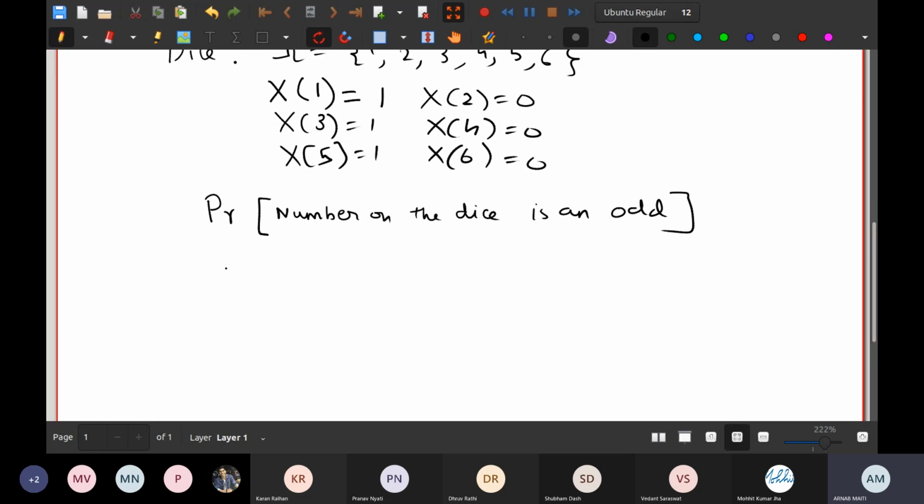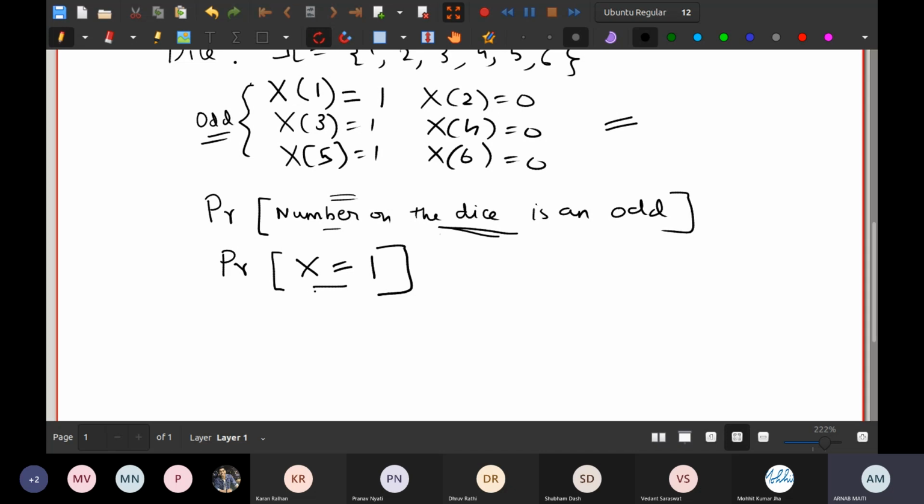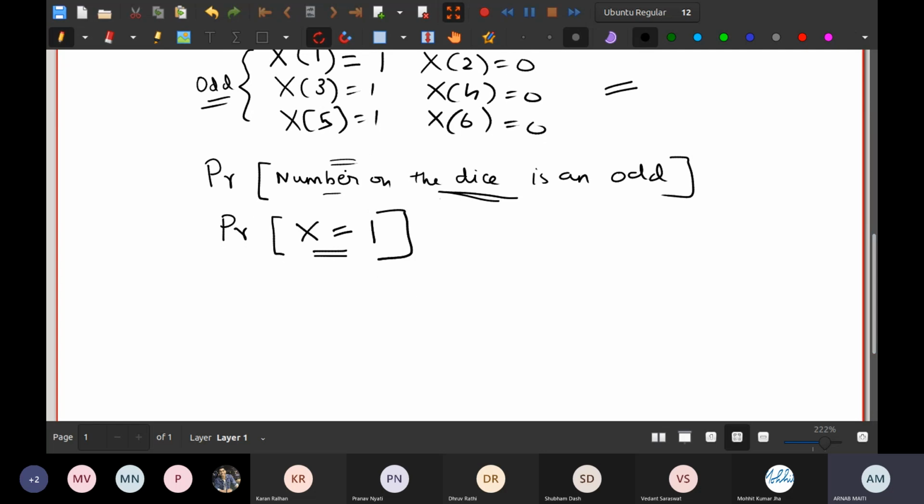So we can write: what is the probability that X is equal to 1? When is X equal to 1? When the numbers are odd. You can clearly observe, a very concise way of writing the same thing is X equal to 1. This is the main example of why we use random variables.